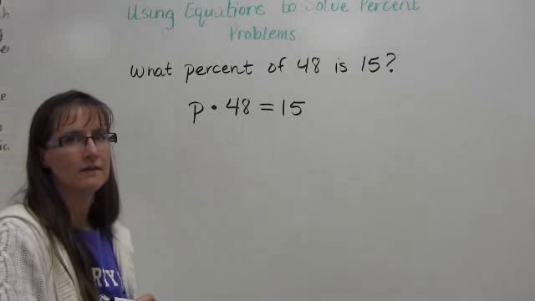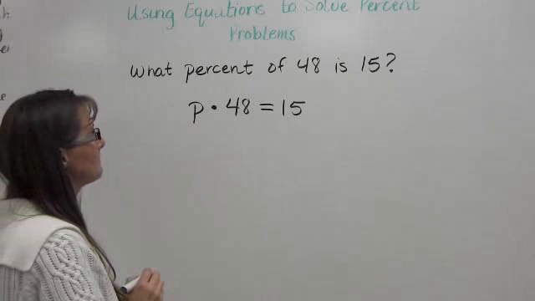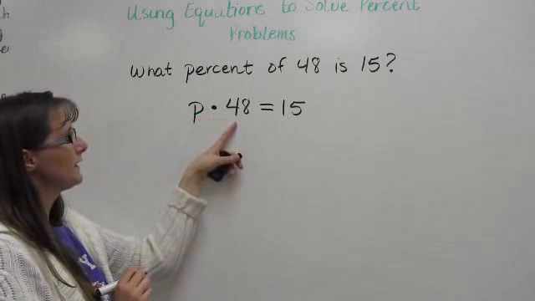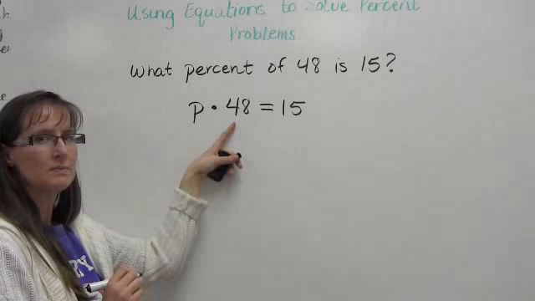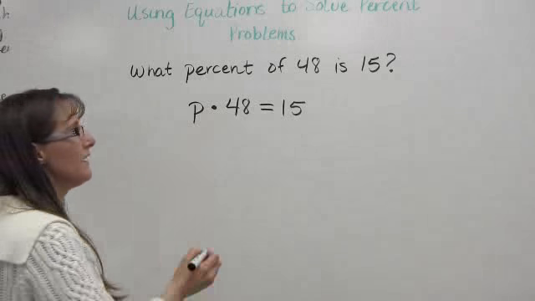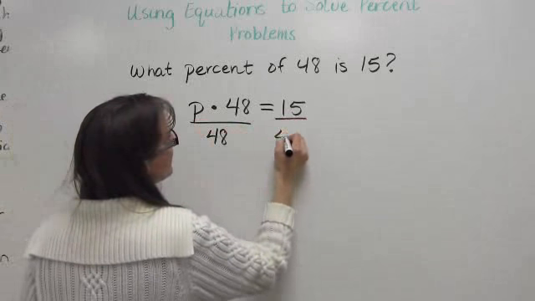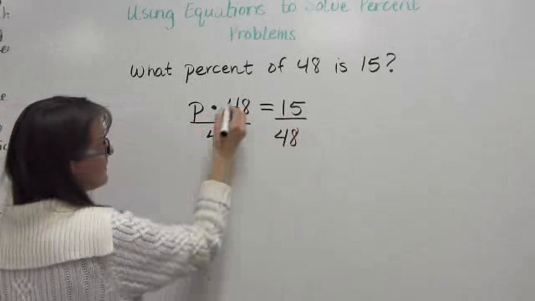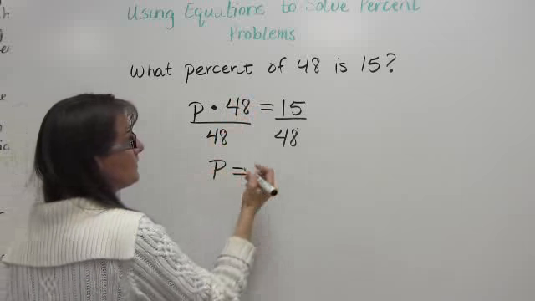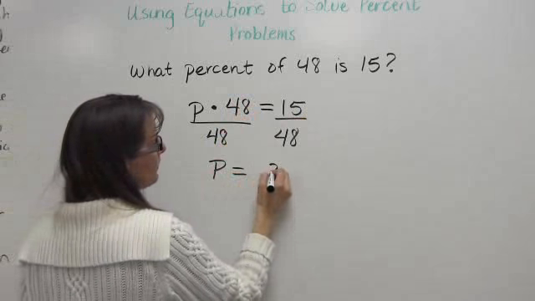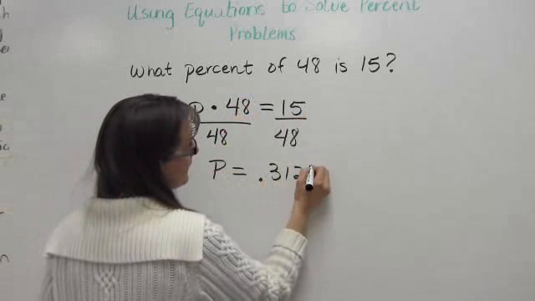So how would I go about solving the equation that I've just written? Well, I have a 48 attached to P through multiplication. So to undo this multiplication, I would need to divide both sides by 48. And when I divide, this is going to give me P equals, when I divide 15 by 48, I get 0.3125.